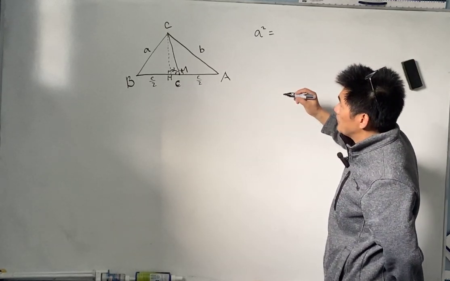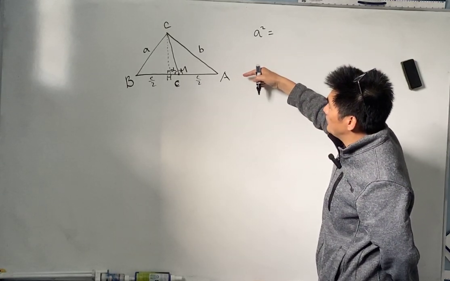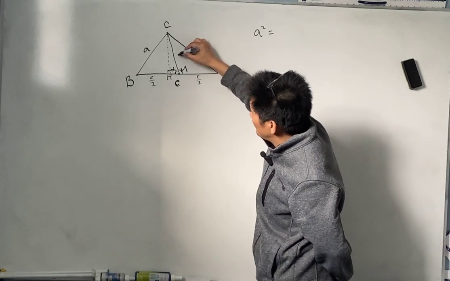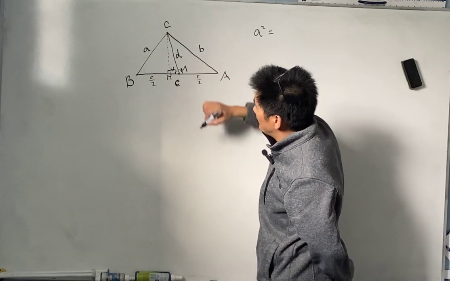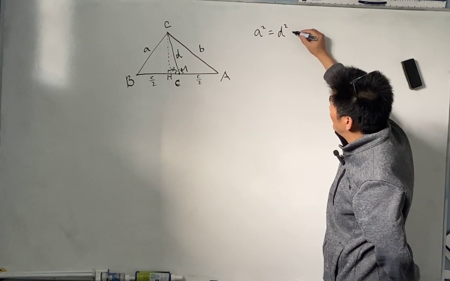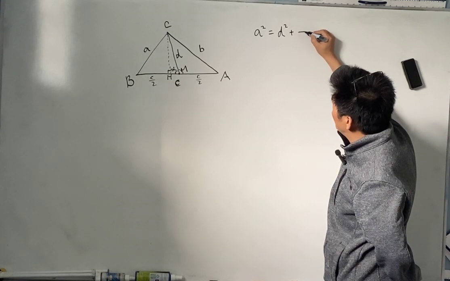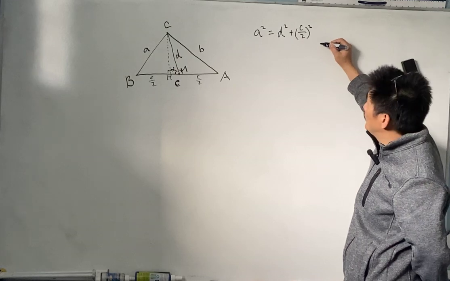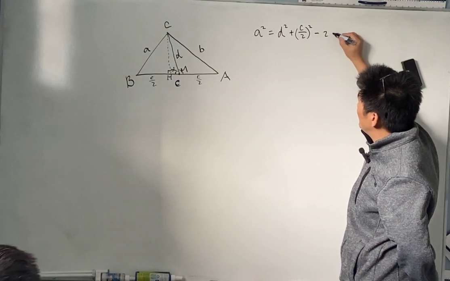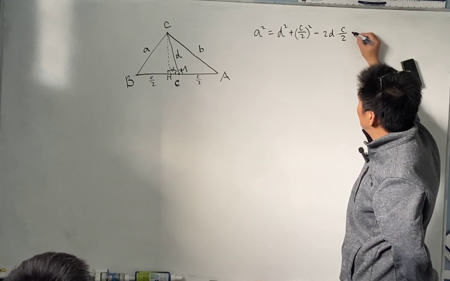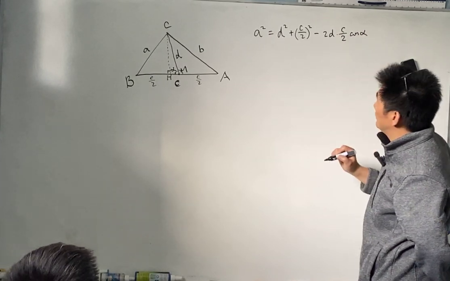Based on the cosine law, a squared should be equal to, let me say this is d, I want to find the length of d, so d squared plus c over 2 squared minus 2d times c over 2 cosine alpha.